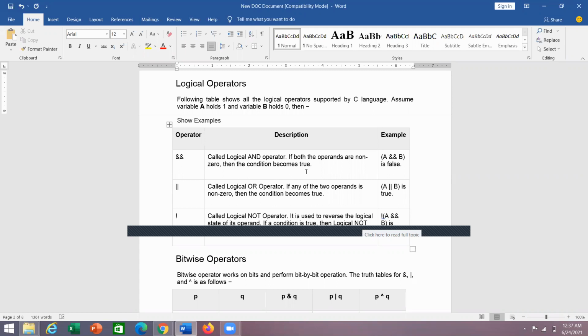You need to take two conditions, and both must be true. Otherwise, if A condition is true and B condition is false, it becomes false.